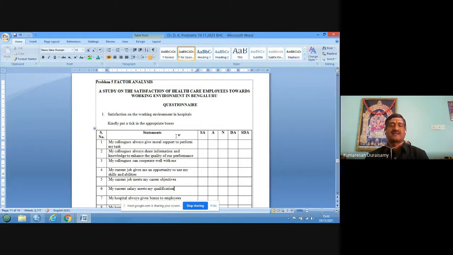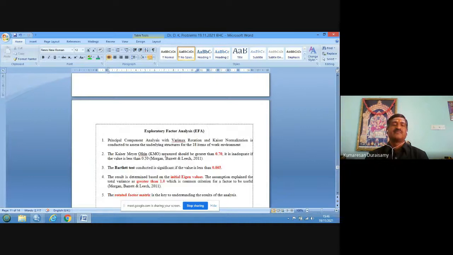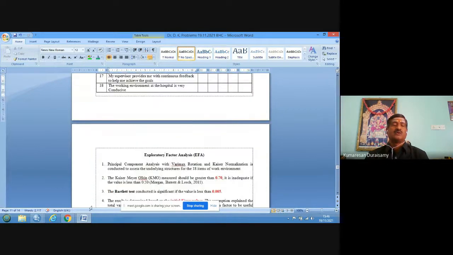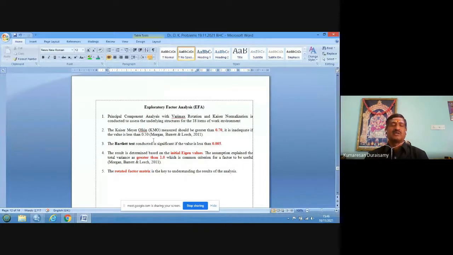See here, 18 factors are given, right? Now, how to apply? These are the notes given to you. Principal component analysis with Varimax rotation method and Kaiser's normalization is conducted.